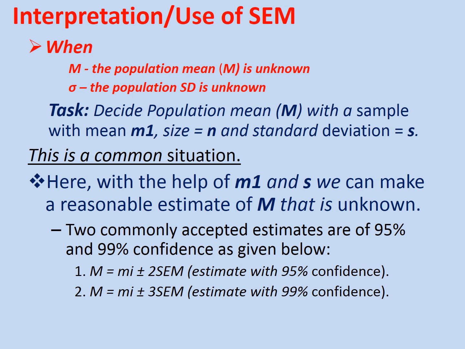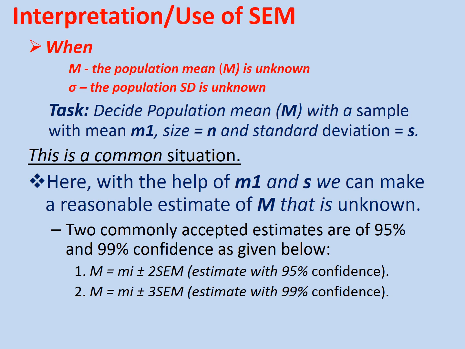Suppose we measure the average hemoglobin level in our 200 women sample, and from that you can calculate the standard deviation of that sample, and from that you can generalize your result, the average value and standard deviation of hemoglobin, to your entire population of the 5000 women. So this is the basic use of the standard error of mean.